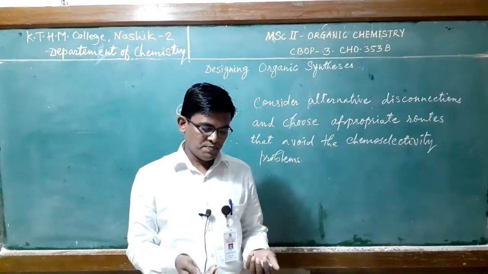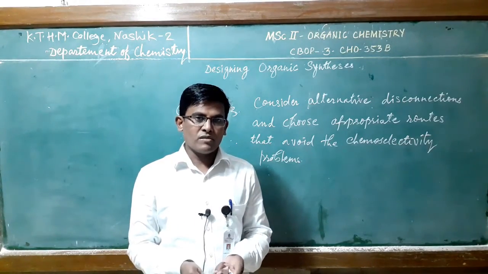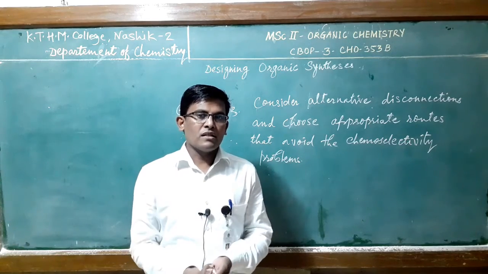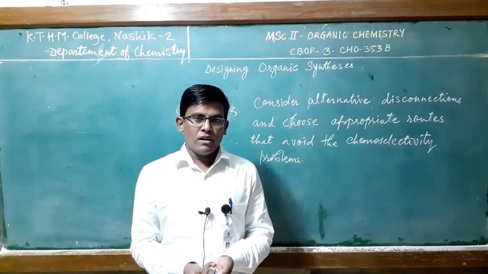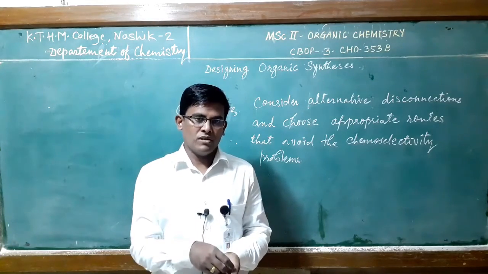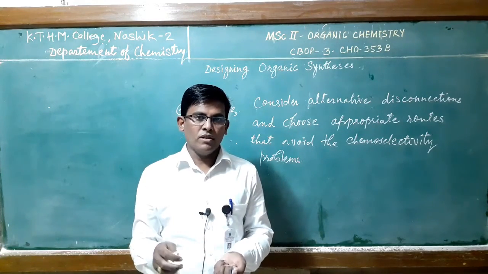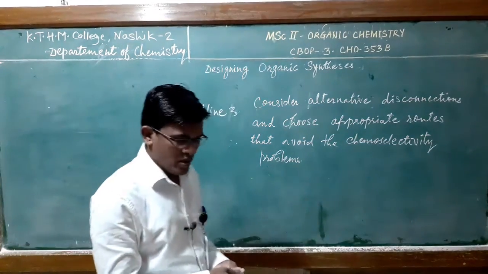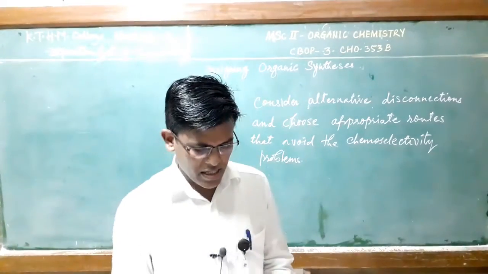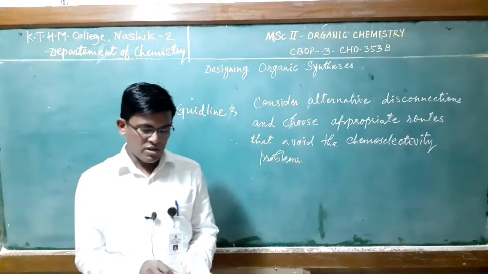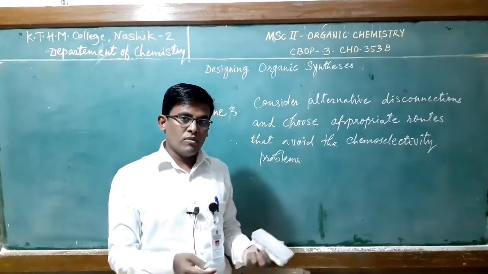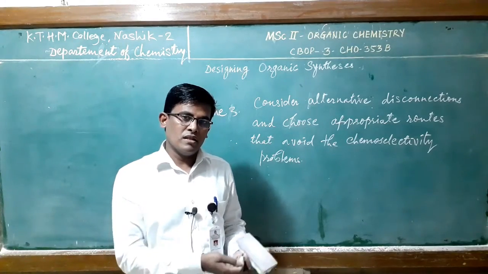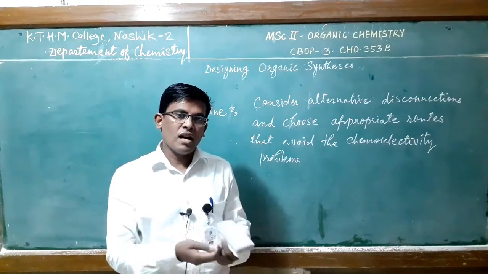So we need to find out which disconnection we should do in the beginning, so that it will not create the chemoselectivity problem. To test these guidelines, we will take one example to see how they are useful in retrosynthetic analysis.